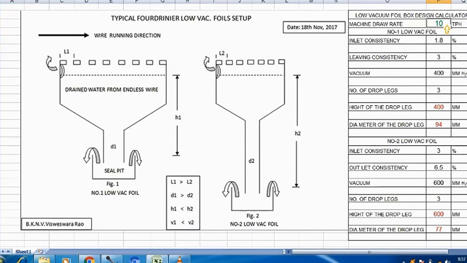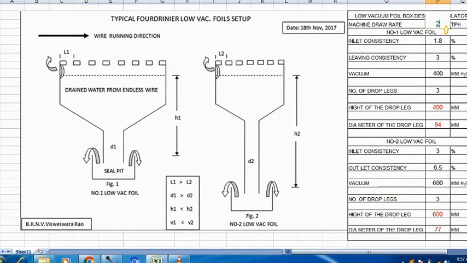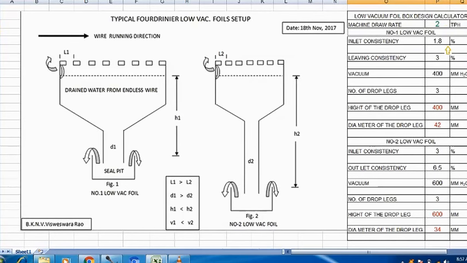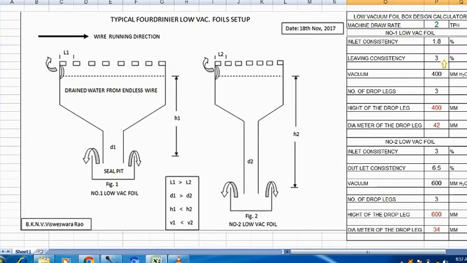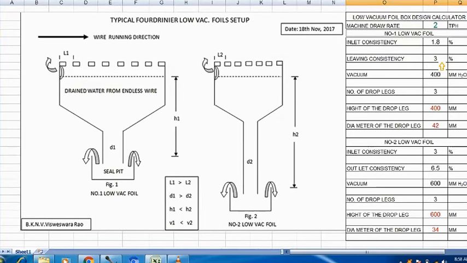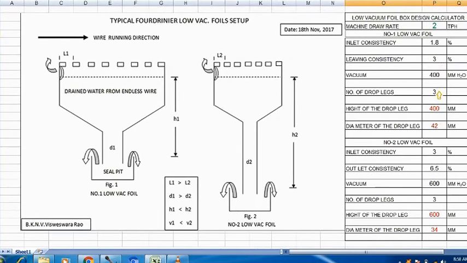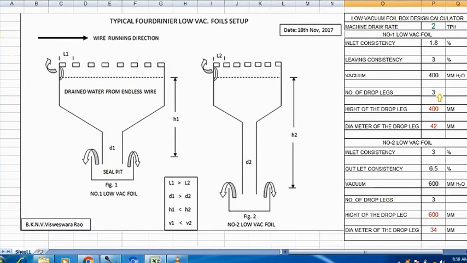Similarly, say for example if it is a 2 ton draw rate, let us see what will happen. At 2 tons draw rate, if the consistency is enhanced from 1.8 to 3%, then according to the quantity of the drained water, with 3 droplegs the dropleg size is 42 mm.